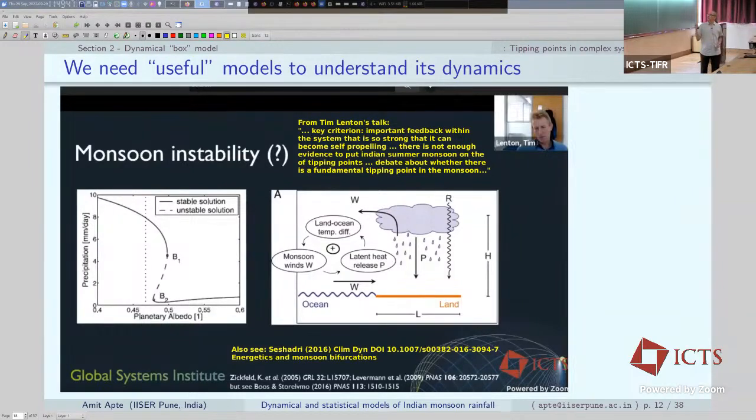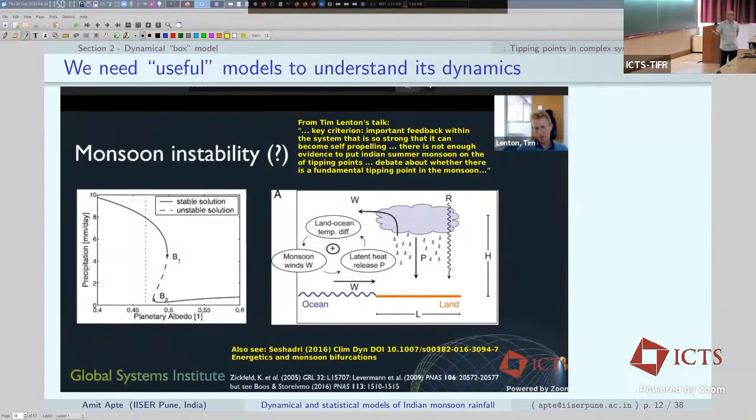And in the case of Indian summer monsoon, there is not enough evidence on the tipping points essentially because the debate about whether such a feedback and such a fundamental tipping point exists in monsoon is really not settled. And that's basically why he showed this picture. There was this paper in 2005 which argued that maybe there is actually a tipping point, but then later papers not.